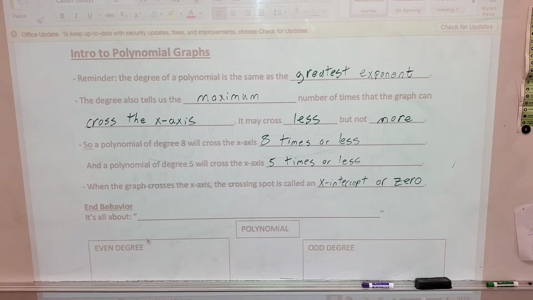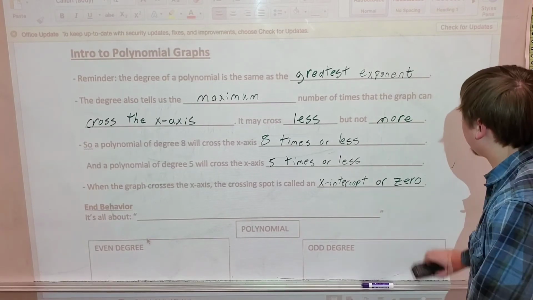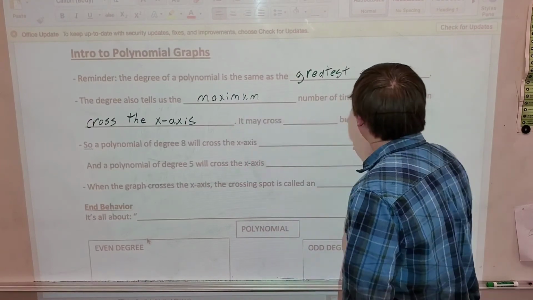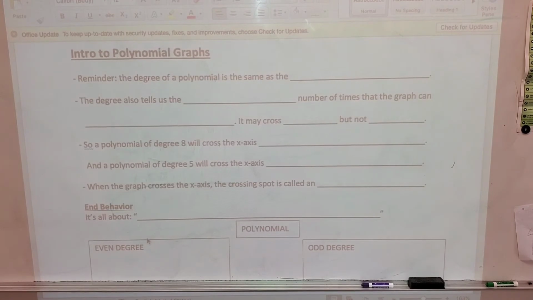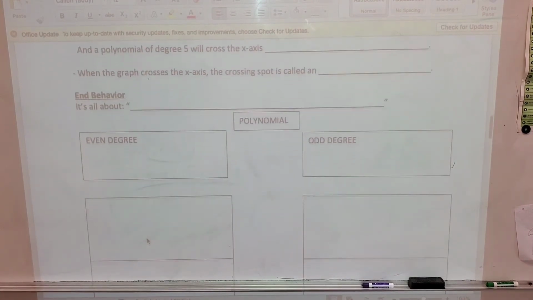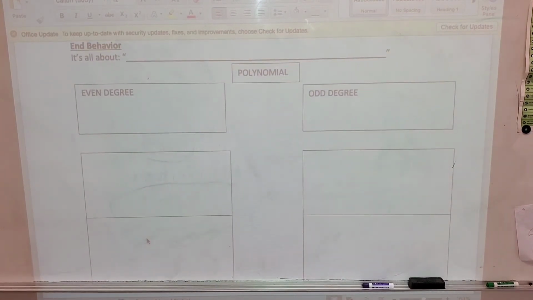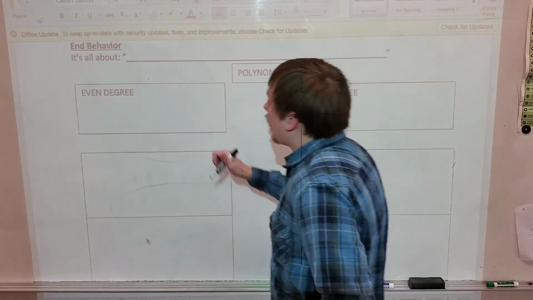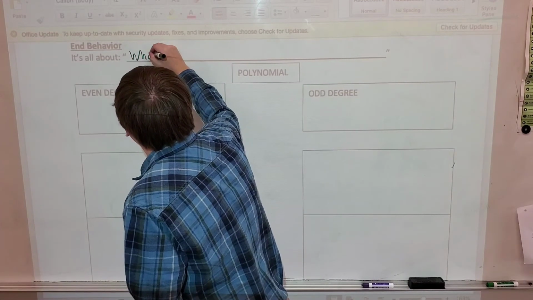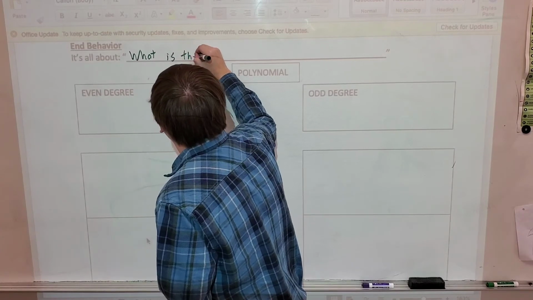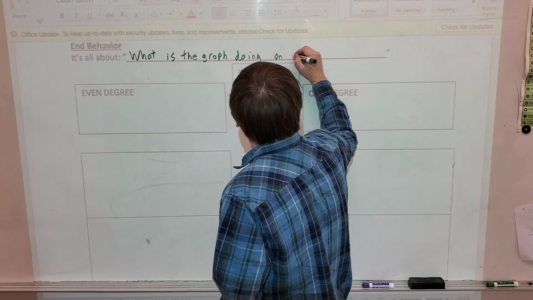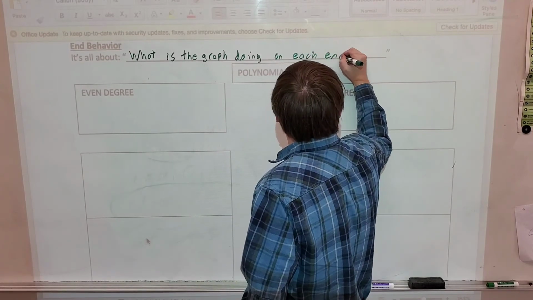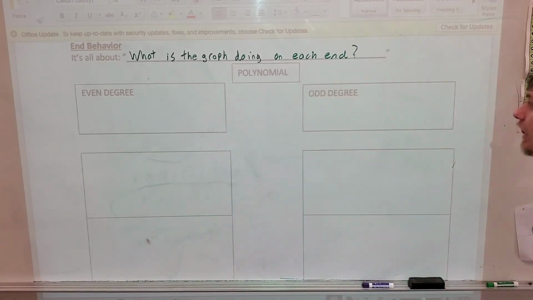What we're going to do now is start talking about the end behavior of these polynomial functions. So the end behavior is not really too complicated. End behavior, it's all about what is the graph doing on each end.